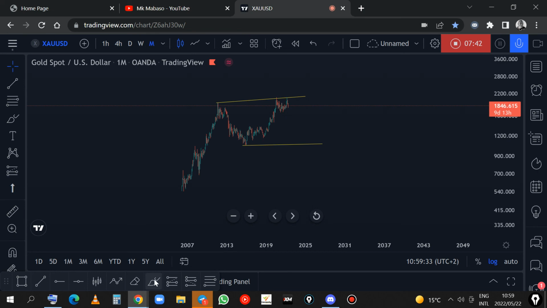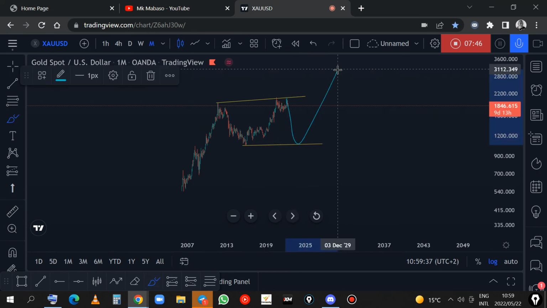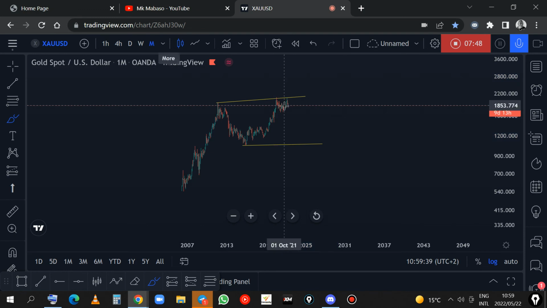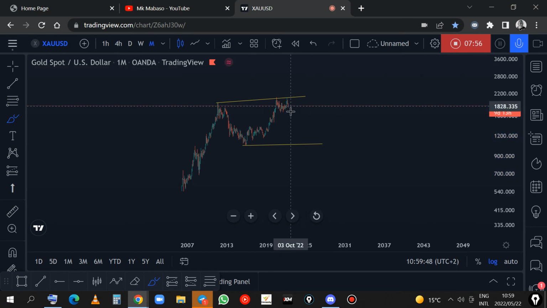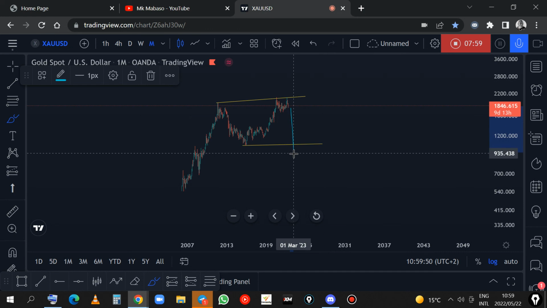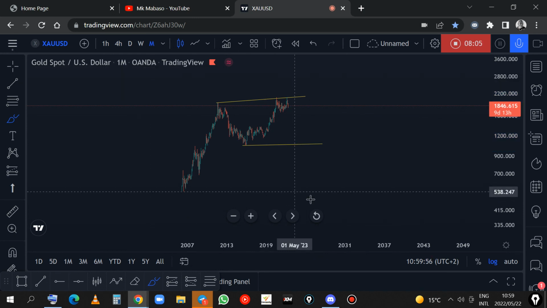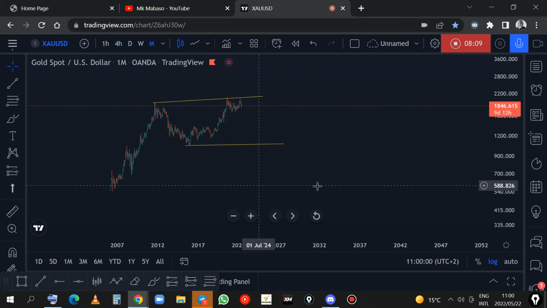So we could be having this, and then we go back up, or this would be a double top retest sell. Always wait for a retest before you sell, because the price can come and break that area and then reverse, go back up. It goes there, it grabs liquidity. That's why I always preach about patience in forex. You must always be patient.